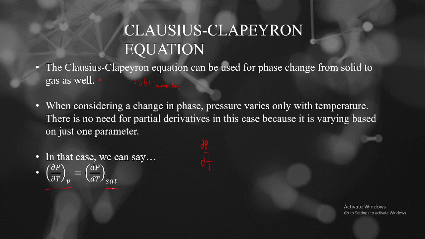And this time it is at saturated conditions, right? But when actually doing a phase change, yeah, that's what we are going to end up getting. So if I should change the temperature of the system, then I'll be changing the pressure of the system. Or if I should change the pressure of the system, then I'll be changing the temperature of the system.